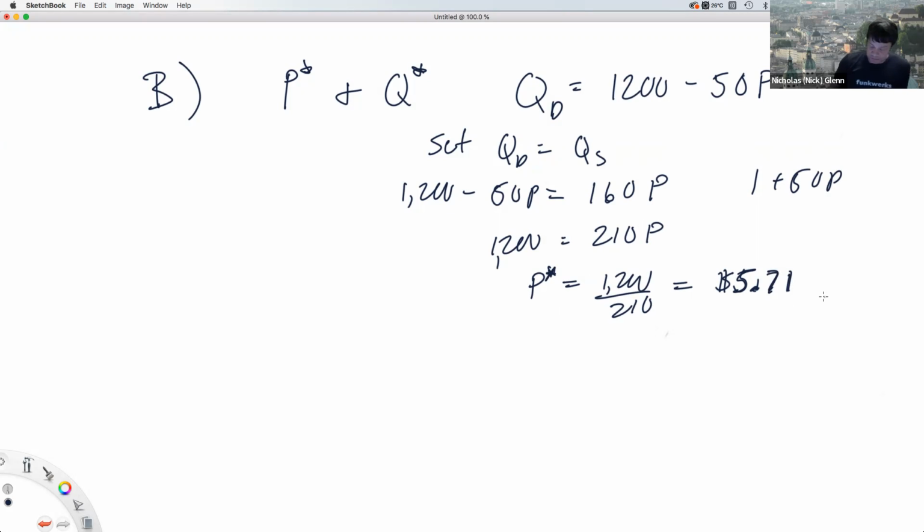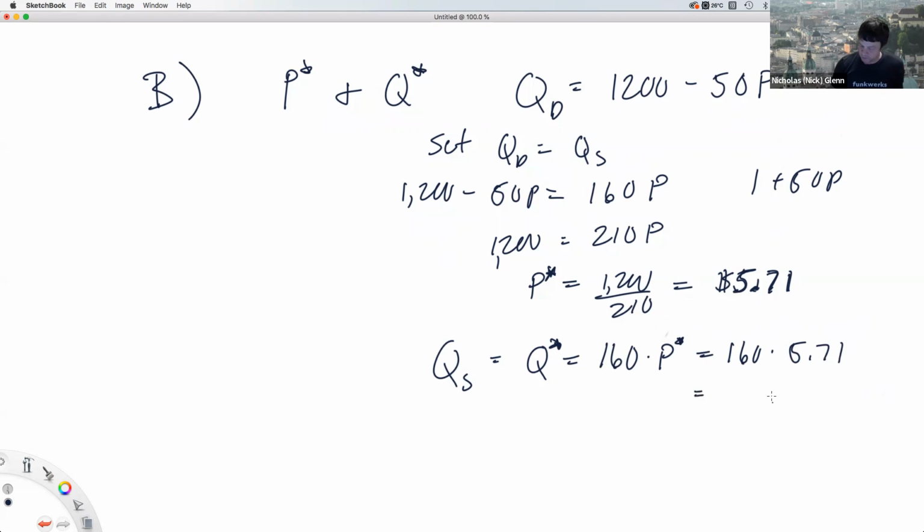Okay. Now, you can plug this into either the market supply or market demand and get the equilibrium quantity. So let's use supply. This will give us our equilibrium quantity, since we're using our equilibrium price here. This is going to be 160 times the equilibrium price, so that's 160 times $5.71.